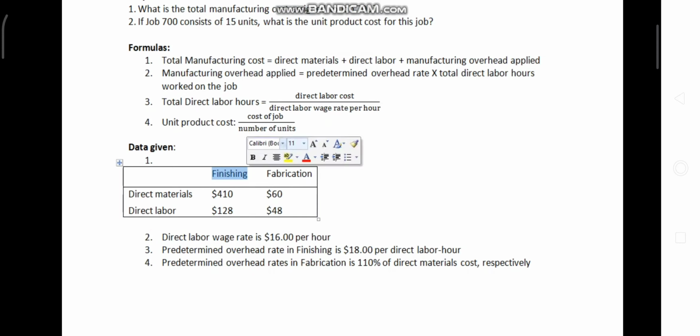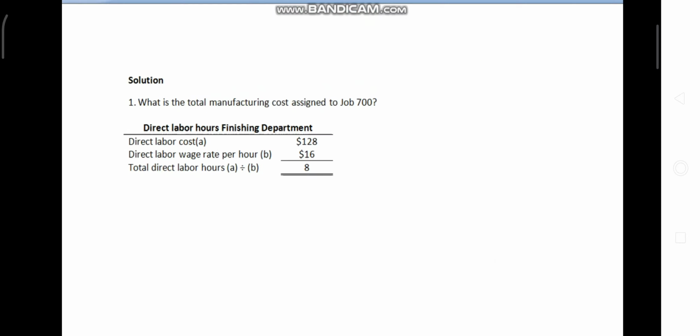Now the predetermined overhead rate is $18, and direct labor hours we have calculated that already. Manufacturing overhead for finishing department: predetermined rate $18, total direct labor hours 8. We multiply these two and we get $144 manufacturing overhead applied for finishing department.